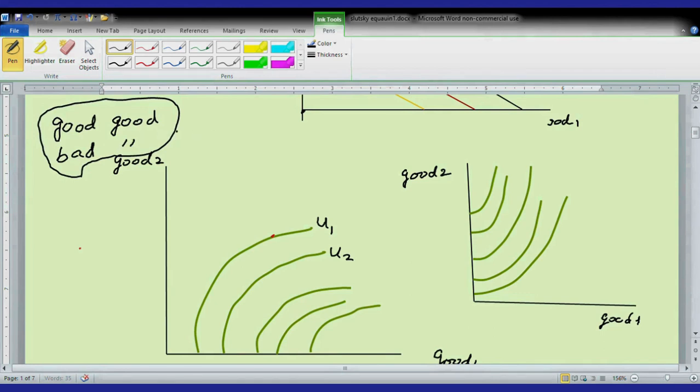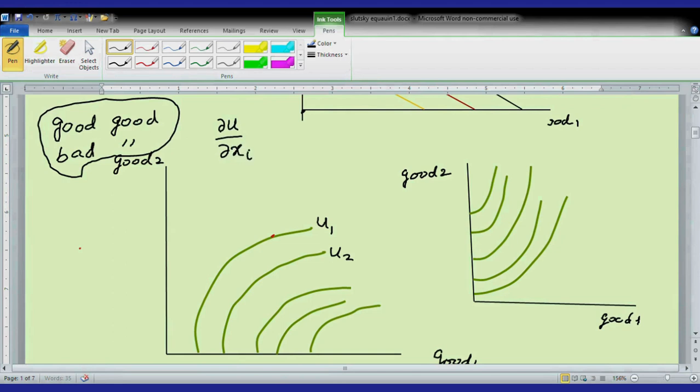This classification is totally dependent upon the preferences. A good is a good, more of which when you consume, your utility increases, and a bad good is a good, more of which you consume, your utility decreases.